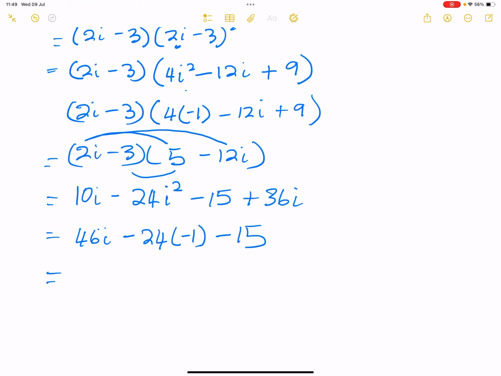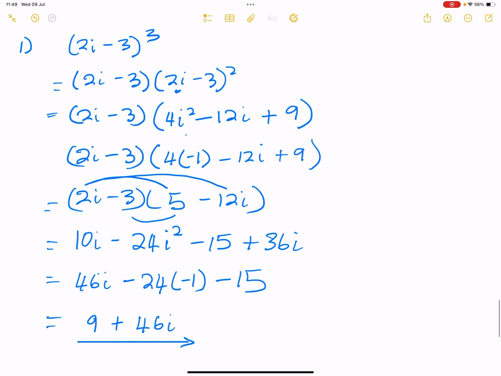So we've got positive 24, minus 15, that should give us 9. So the final answer is 9 plus 46i. So that is how the cookie crumbles for that one. Please verify if you were able to get to the same answer.